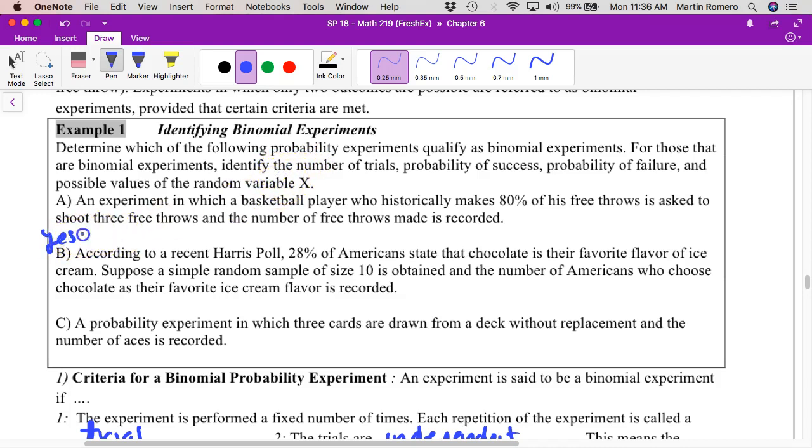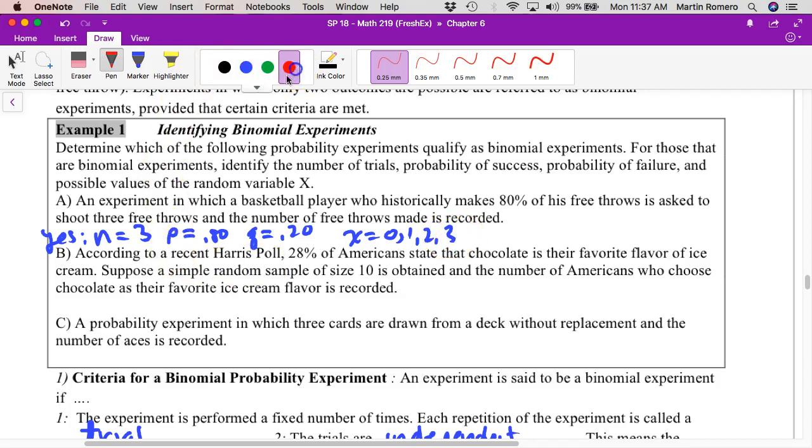In this case, the number of trials is 3. They're asked to shoot 3 free throws. The probability of success, which we call P, is 0.80. The probability of failure, which we call Q, is 0.20. And the possible values for X are 0, 1, 2, or 3 successes, which is making them.